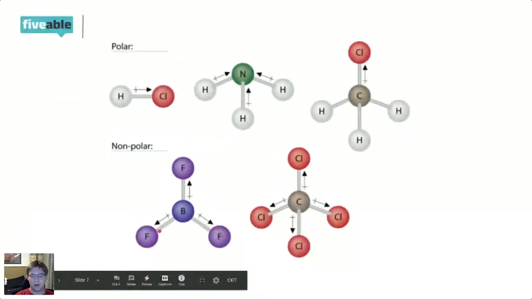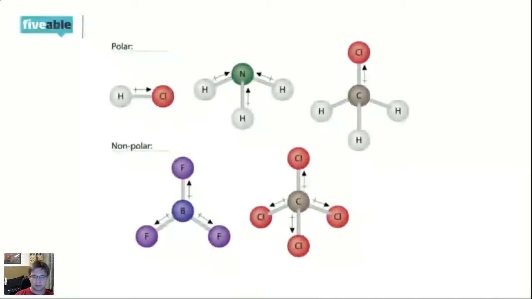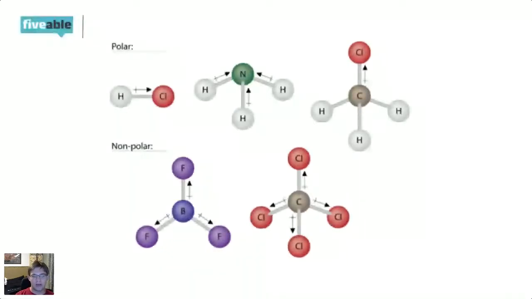Those dipoles will cancel each other out, meaning that overall, the actual dipole moment of that molecule is 0. There's no actual polarity to the molecule as a whole. So does that make sense to you guys, the whole concept of those charges canceling out in a symmetric molecule to form a nonpolar molecule as a whole?